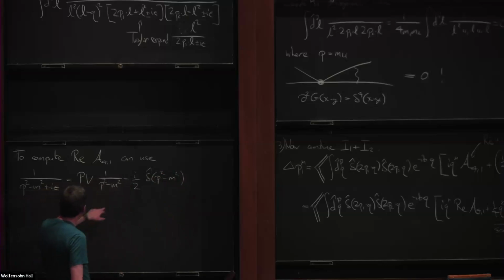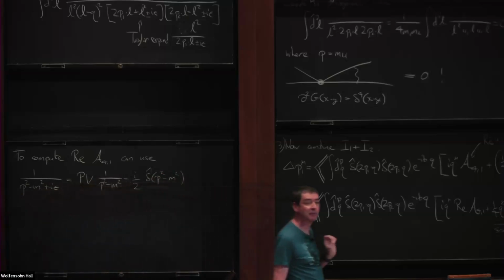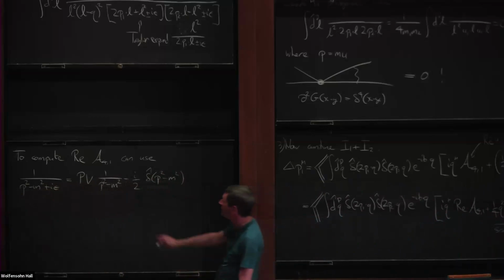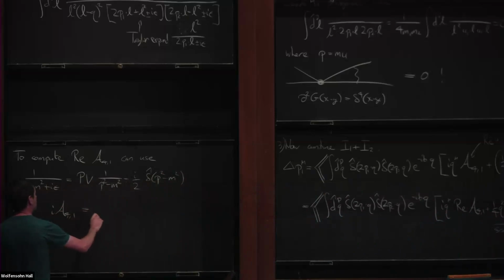Okay, so what I'm interested in here is figuring out where the factors of I are, right? When I take a real part of something, you know where the I's are. So there's some I's associated with the propagators. There's another I running around the place. So it is I times the 4.1 loop, which is the sum of the diagrams.